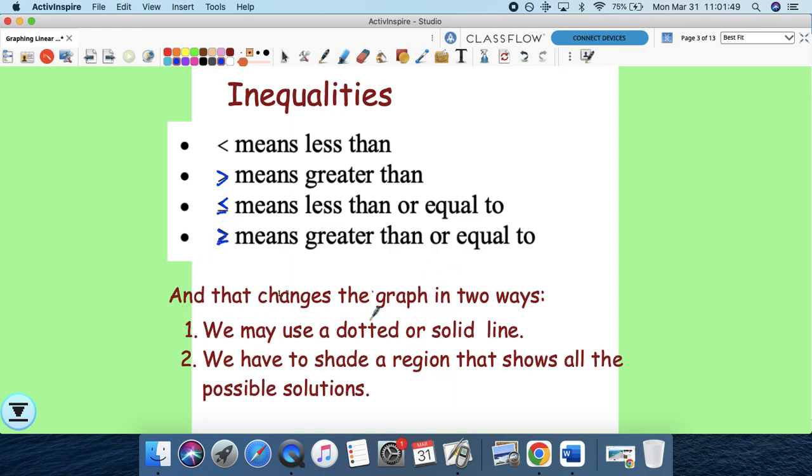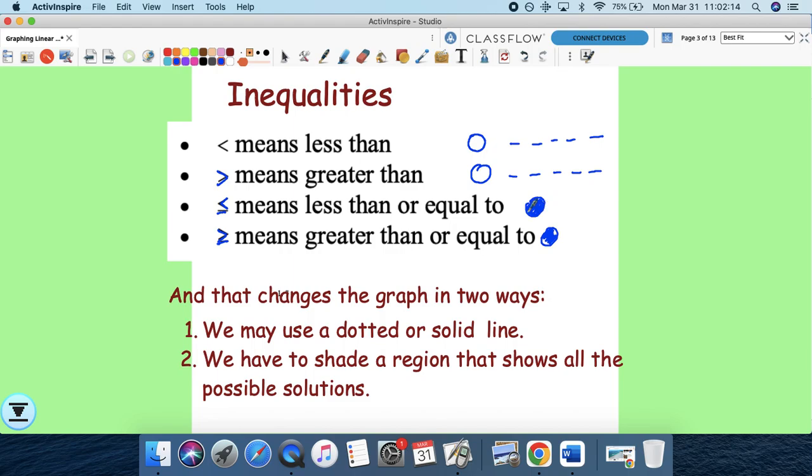So how is that going to change in the graph? Right? It's going to change in the graph. In the graph, we're not going to use open circles or shaded circles. In the graph, that's going to translate to either a dashed line, instead of open circles, we're going to use a dashed line to represent that it's not part of the solution.